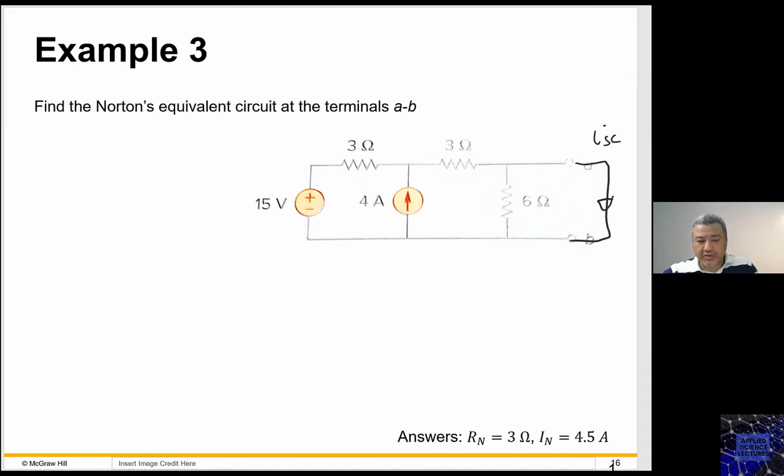Any component connected in parallel with this wire would be completely out of the calculation, right? Why? Because it will be shorted. No current is going to go through this 6 ohm. So let me now redraw the circuit after I have connected this short circuit at the output. Why? Because I want to calculate the I Norton. So now my circuit is going to look like this.